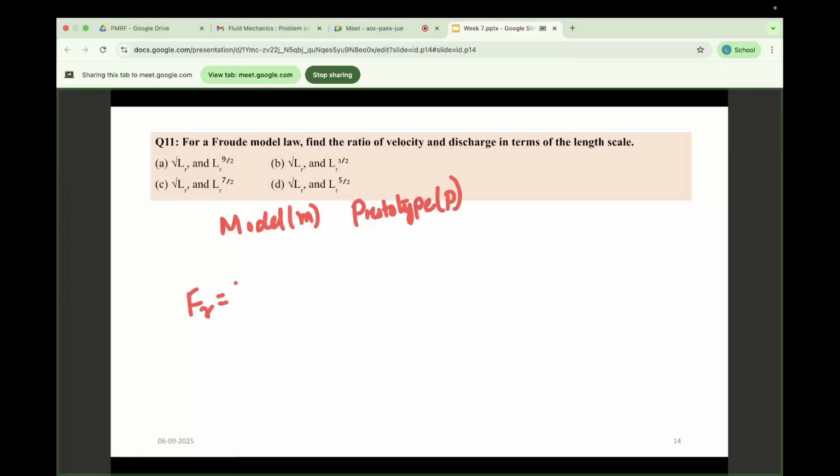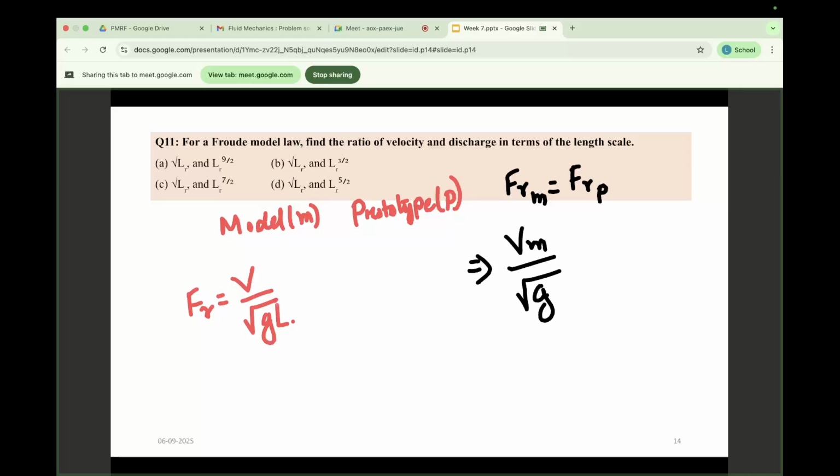this Froude number I know that is V by root 2 GL, right? So in this gravity dominant free surface flow, this is used. So I can write using this principle that the Froude number of the model and the Froude number of the prototype should be equal. So Vm by root of G Lm equals Vp by root of G Lp.